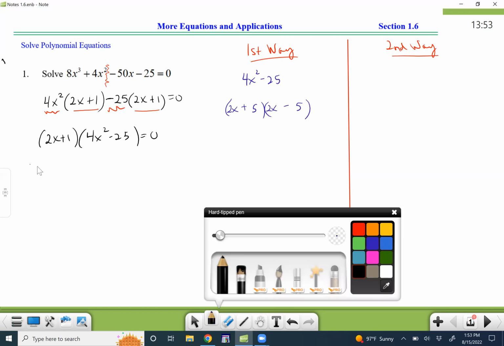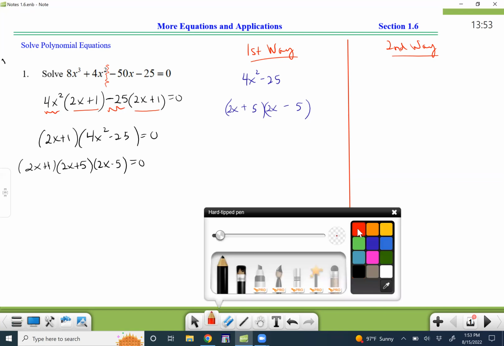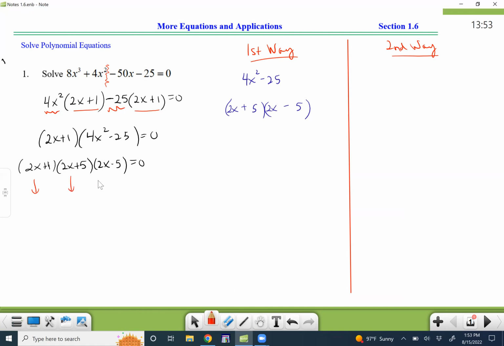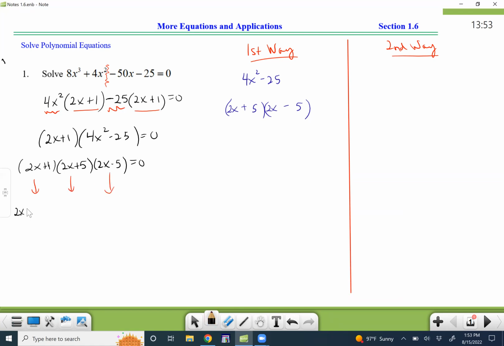If I come back to my problem here and I put that in place of the 4x squared minus 25, then we're at the set each piece equal to 0 spot. So we're going to go ahead and set each one of these parentheses equal to 0. Okay.